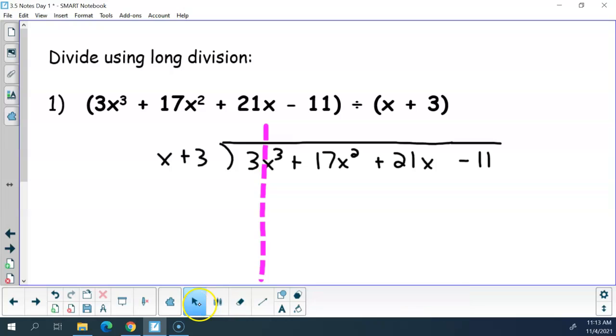The only thing that can go in this column is x squared terms. The only thing that can go in this column is x terms. And the only thing that can go in this column is number terms. That's the only thing that can go in any of those columns.